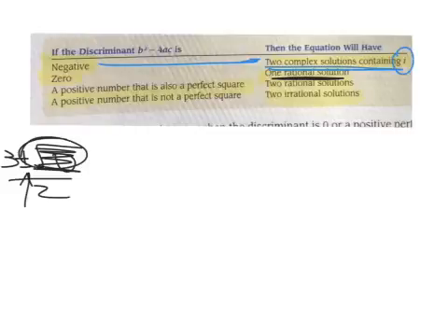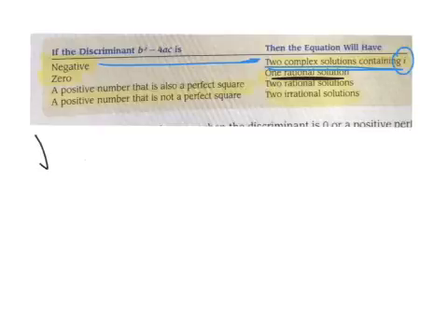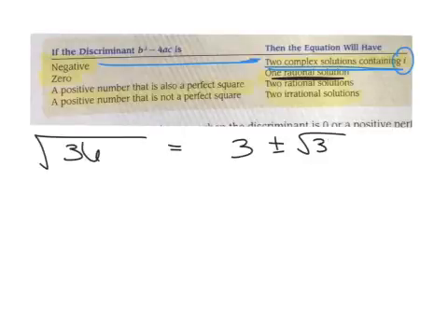Alright, the next option is, what if I get under that radical sign a positive number that is also a perfect square, a positive number that I can take the square root of. So if I can do that, let's say I get 3 plus or minus the square root of 36 over 3. There's my discriminant.